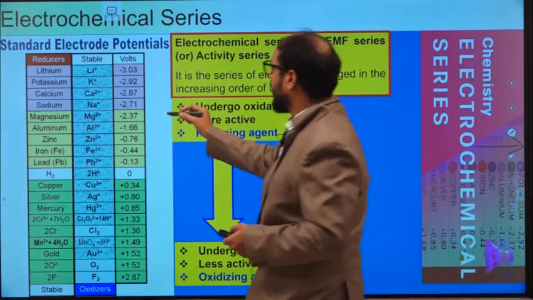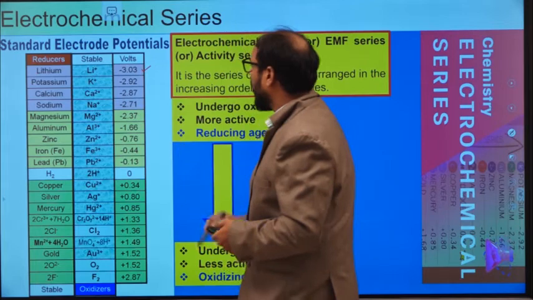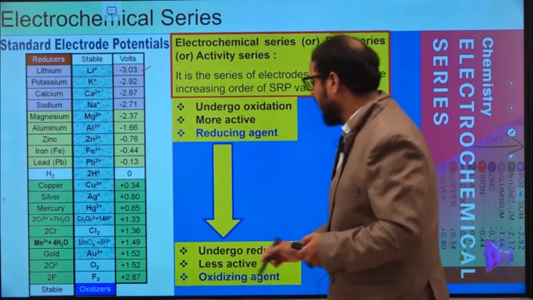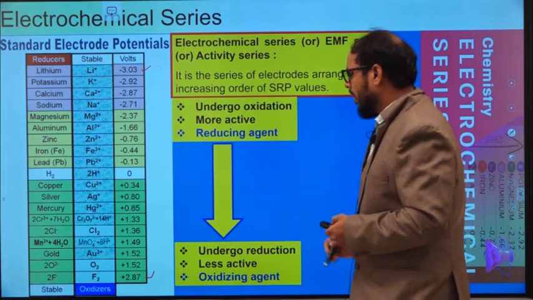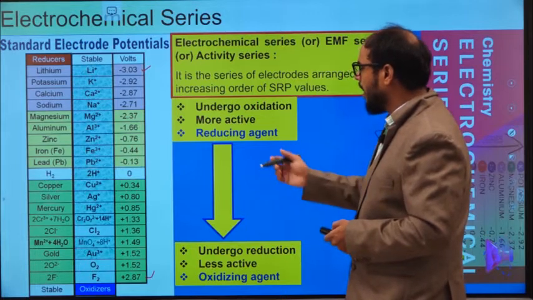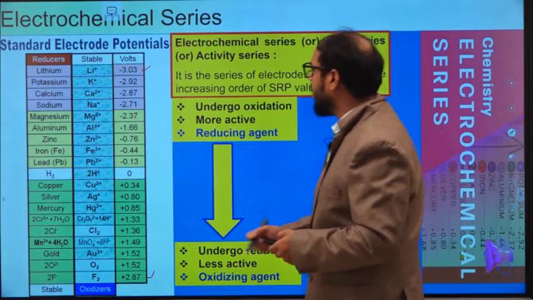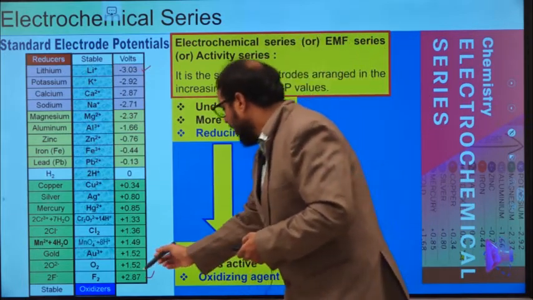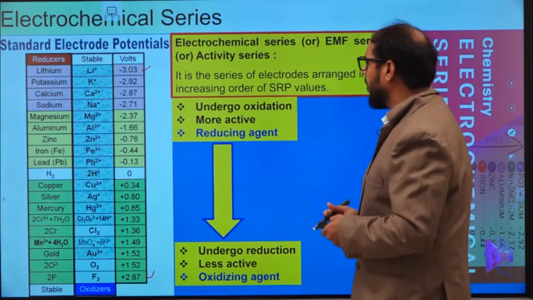So you can see here we have the element lithium on the top of the electrochemical series, and fluorine being the element which is occupying the last place in the electrochemical series. And why is it so? Because lithium is a more electropositive element, and fluorine is the most electronegative element.